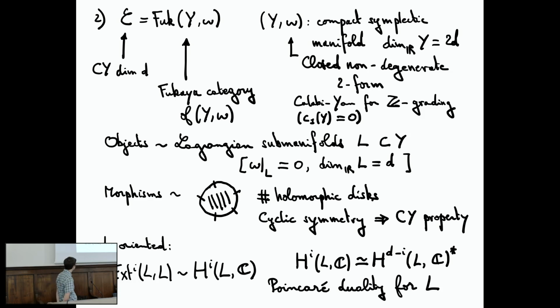And in this case, the Calabi-Yau property of this complicated Fukaya category reduces to something very simple. It reduces to Poincaré duality for this Lagrangian submanifold. Okay, so in the algebraic geometry context of sheaves, this Calabi-Yau condition is related to some Serre duality. And here in this Fukaya category context, if you look at what happens on a single Lagrangian, it's very much related to Poincaré duality on this Lagrangian.